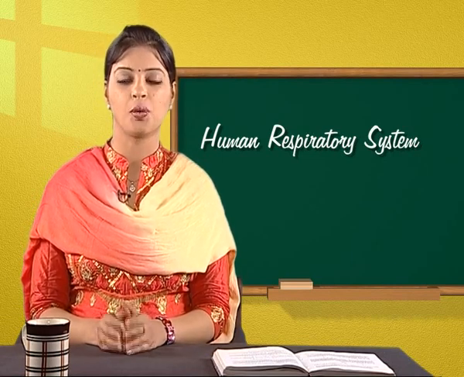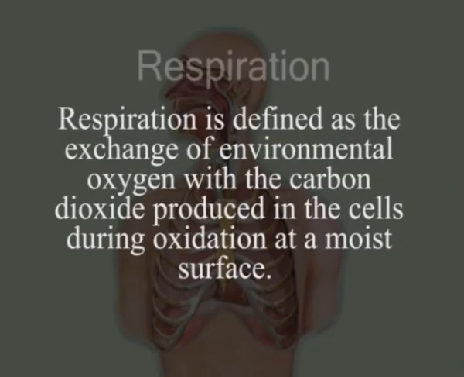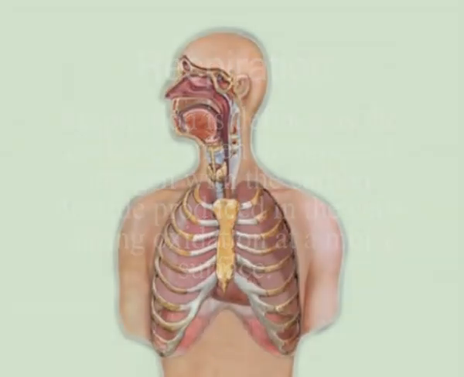Before proceeding further, first of all, let us check what is respiration. Respiration is defined as the exchange of environmental oxygen with the carbon dioxide produced in the cells during oxidation at a moist surface.